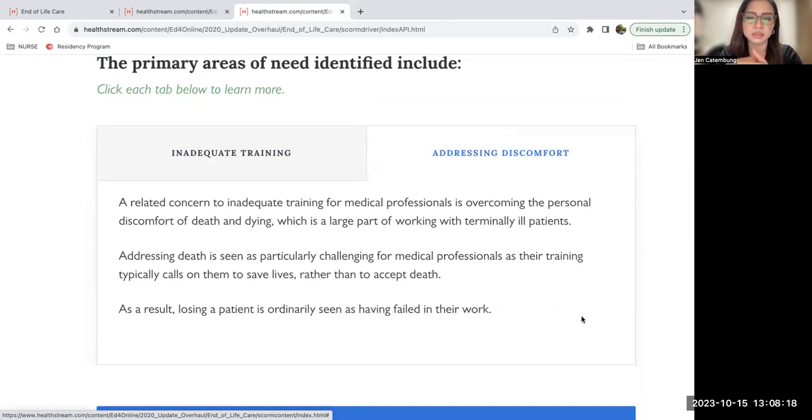A related concern to inadequate training for medical professionals is overcoming the personal discomfort of death and dying, which is a large part of working with terminally ill patients. Addressing death is seen as particularly challenging for medical professionals as their training typically calls on them to save lives rather than to accept death. As a result, losing a patient is ordinarily seen as having failed in their work.